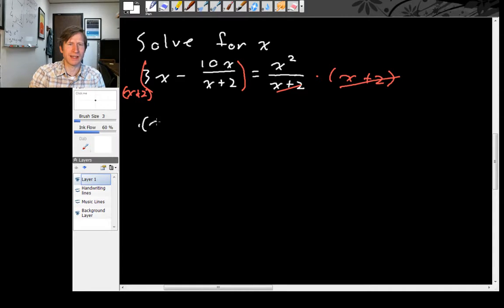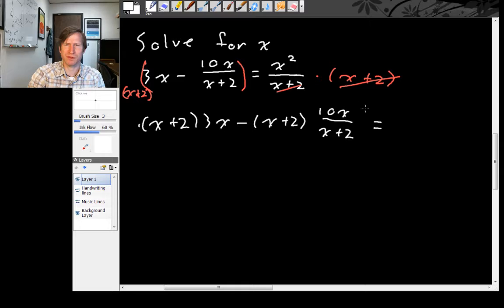So we get x plus 2 times 3x minus x plus 2 times 10x over x plus 2. And the right-hand side, again, the x plus 2 canceled, so we just get x squared.